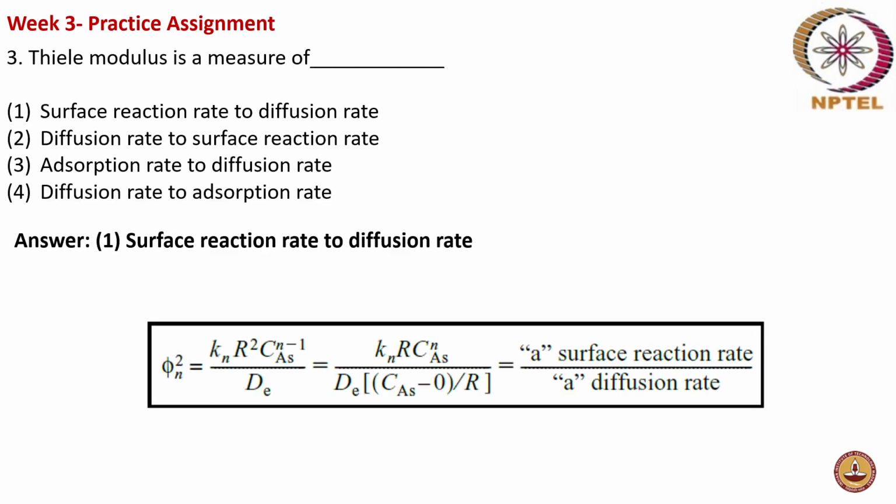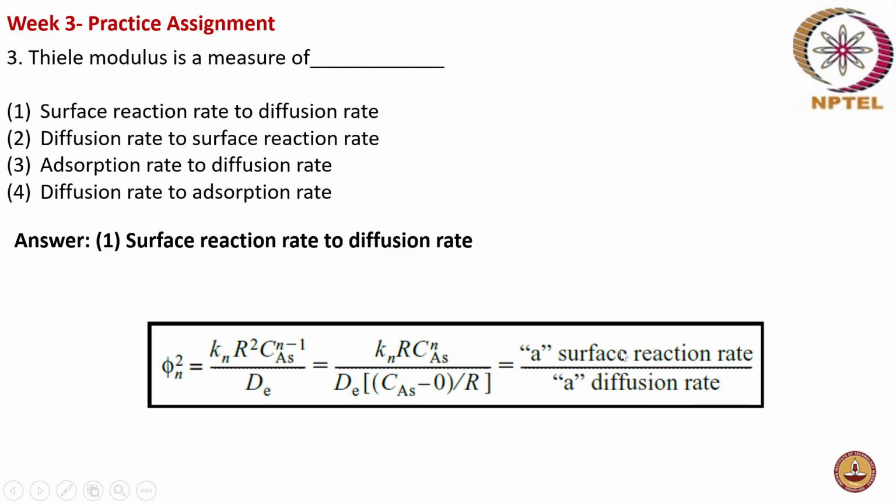If phi n square is very high, that means your diffusion is very slow, right? Your denominator should be very small, right? If phi n square is very large, then your denominator should be very small. Correct? That means your diffusion is very less compared to your surface reaction rate.